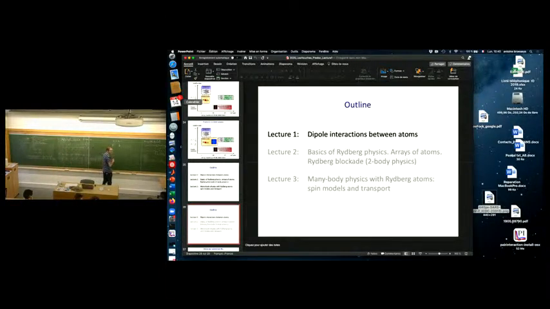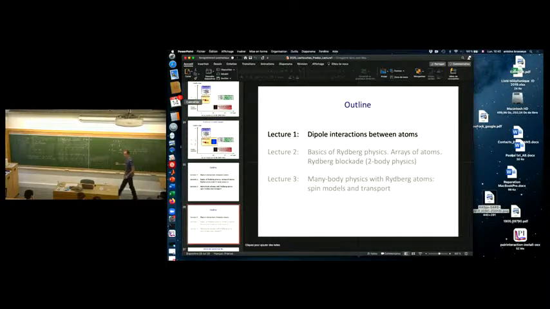And if you do the Taylor expansion, what you find is that this term, HDD, can be written in the form 1 over 4 pi epsilon naught, d1 d2 minus 3 d1 dot R, d2 dot R, over R cubed. Okay?